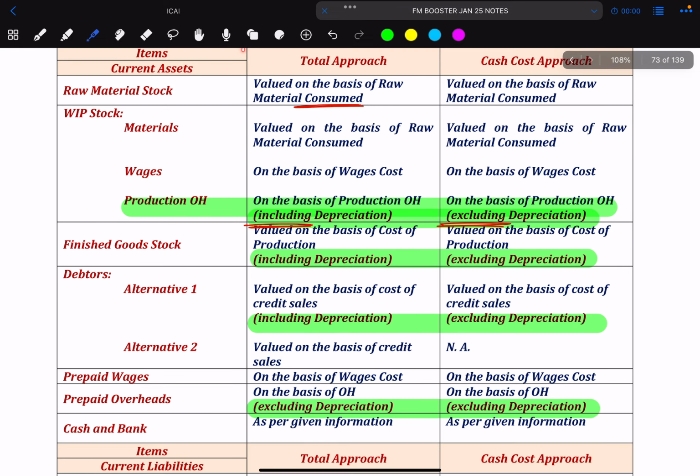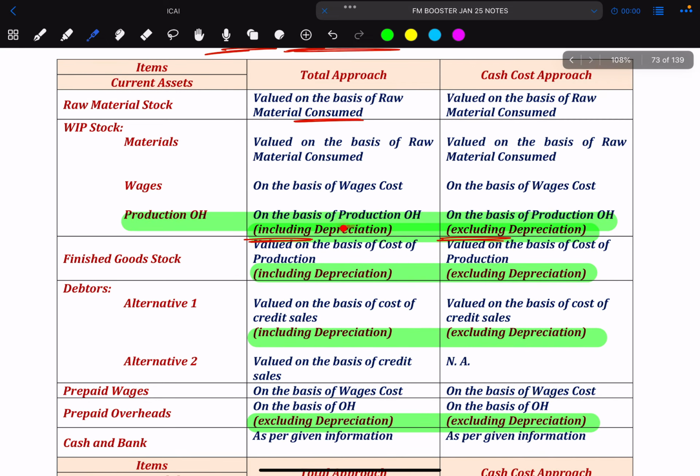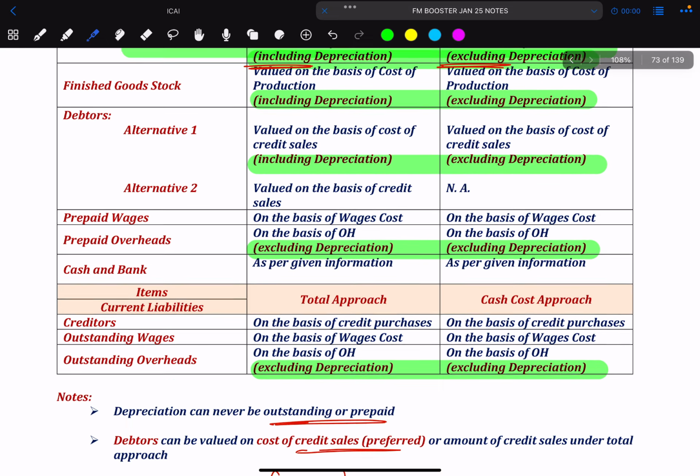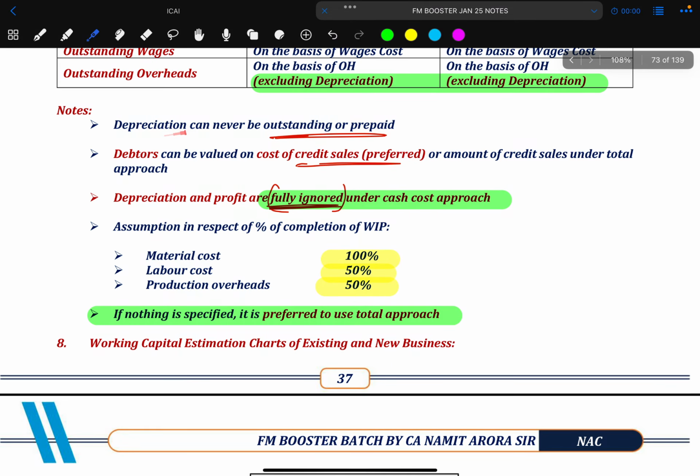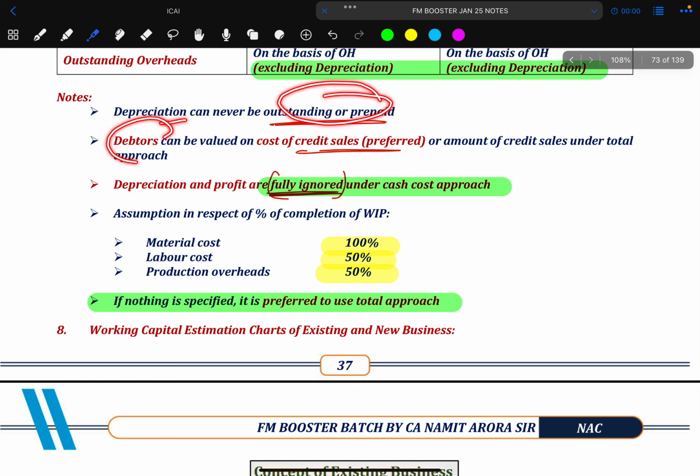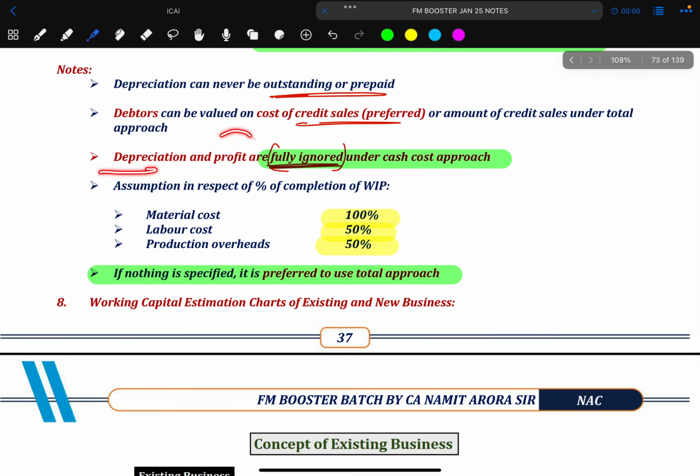Total and cash cost approach, study this, it isn't that important. I mean important, but you've already studied this, nothing to learn. So depreciation cannot be outstanding, debtors can be valued at cost of credit sales, and depreciation and profit will be fully ignored when it comes to the cash cost approach, because cash cost has nothing to do with depreciation.